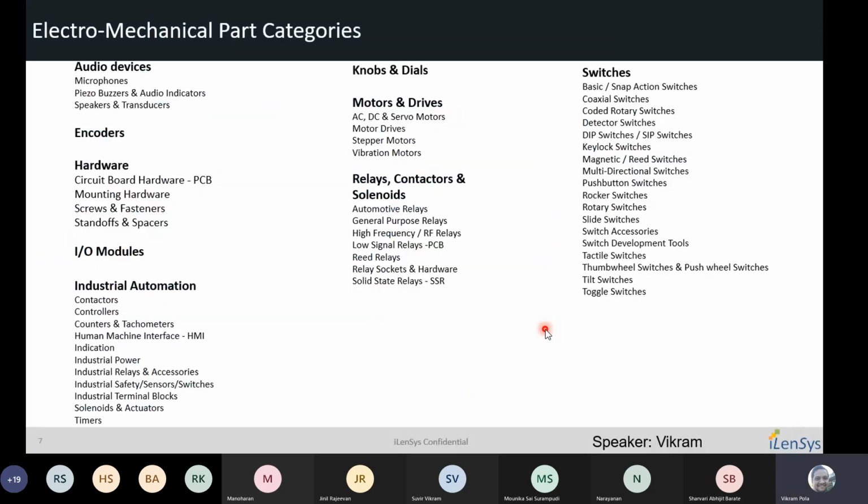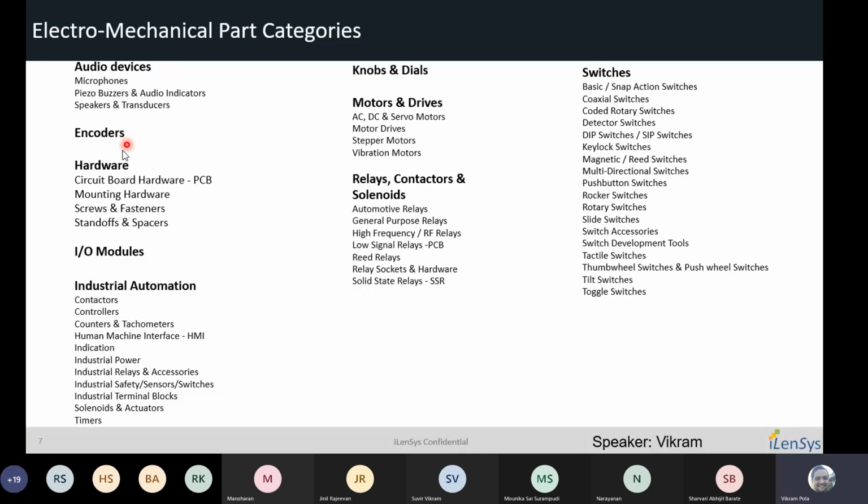Moving on to the next slide. I will discuss the typical part categories you'll see in the electromechanical category. It starts with audio devices. If you look at any of your audio devices, it could be a simple buzzer, a microphone, or speakers. Those are electromechanical parts.